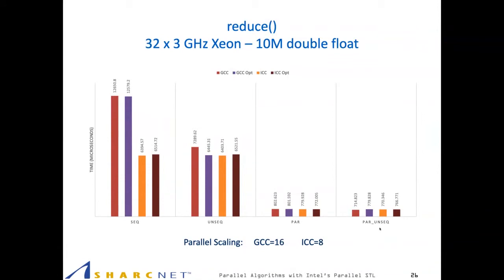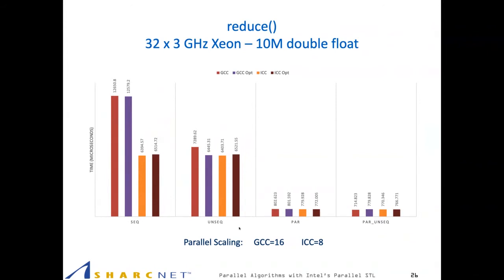And these are the results for the reduce algorithm here. You can see that Intel performs quite well with O3, but when we use the optimized version of GCC, the unsequential version for both GCC and ICC is better than sequential.